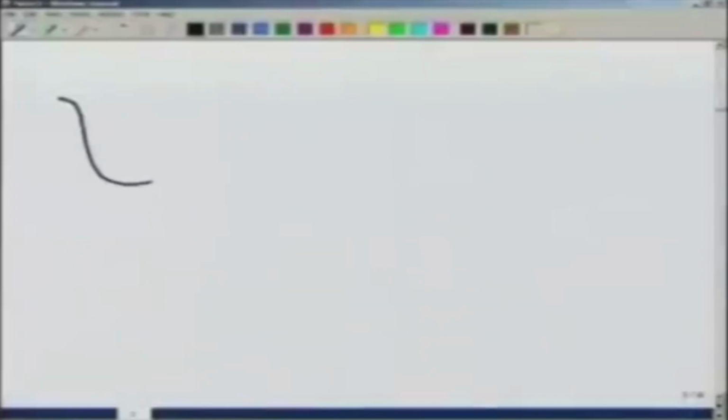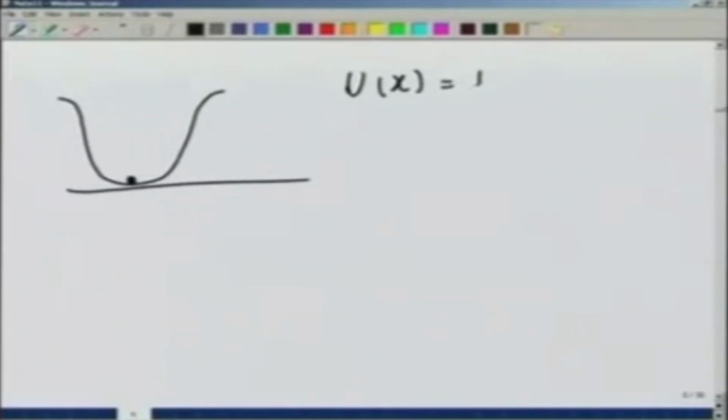For example, I talked about a particle at the bottom of a cup. A cup could be of this shape and the particle could be sitting here. It could have a very functional dependence on x which is quite different, but when I approximate this potential energy for small motion as 1/2 k x squared, what I am doing is approximating the potential energy by this parabola.